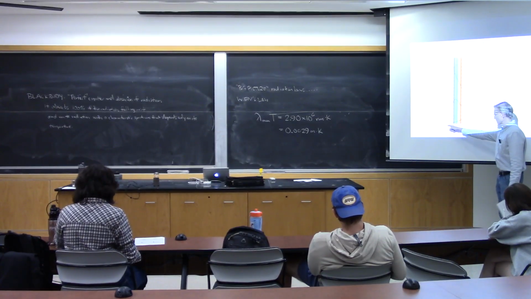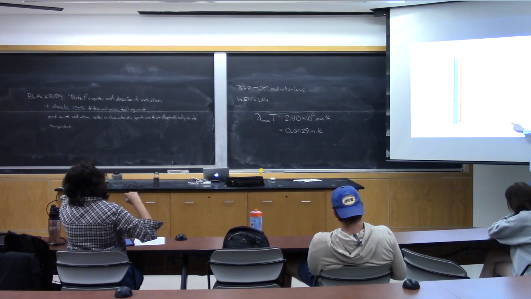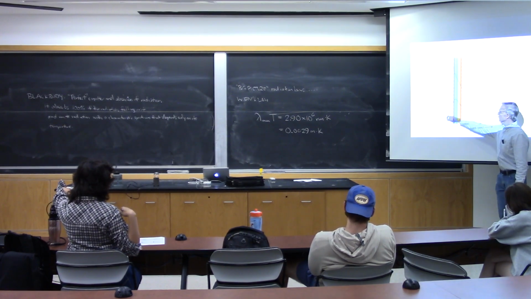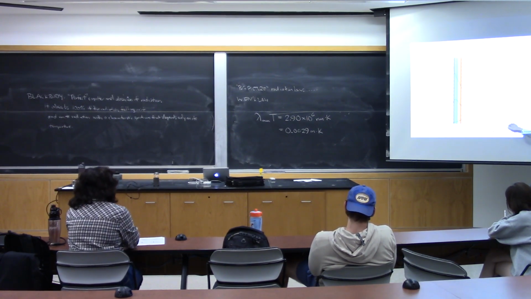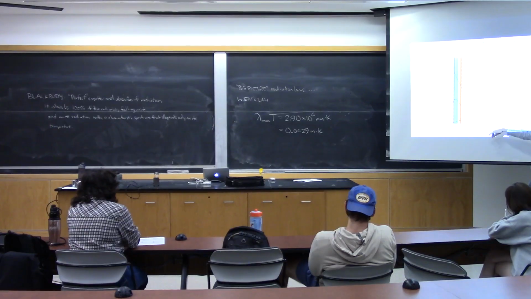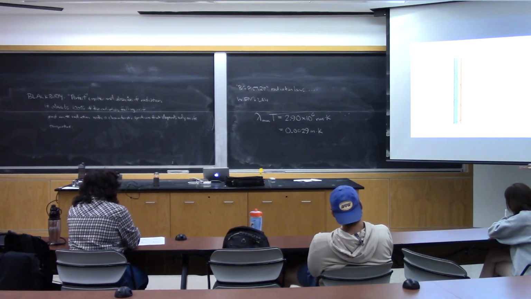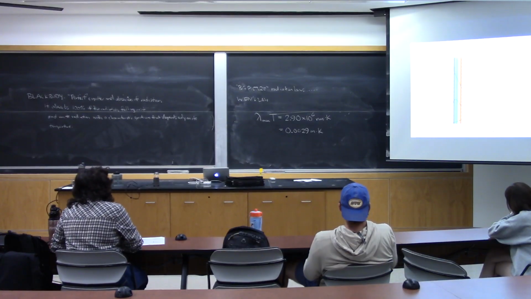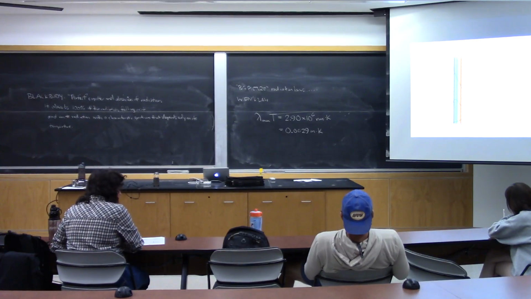We will give the mathematical form of the spectrum momentarily, but here are blackbody curves, spectra, for various temperatures: 3,000 Kelvin, 6,000 Kelvin, 12,000 Kelvin, a range of temperatures stars could have. 3,000 Kelvin would be a very cool star. What's the surface temperature of the sun, do you know?